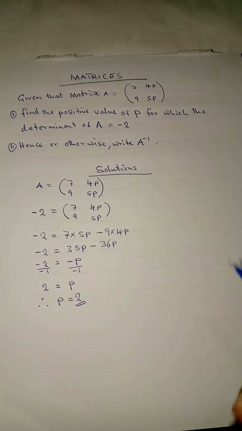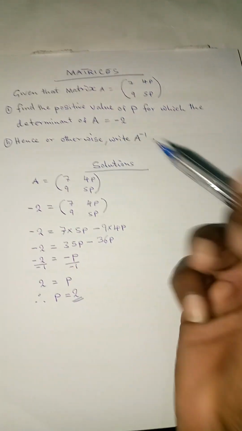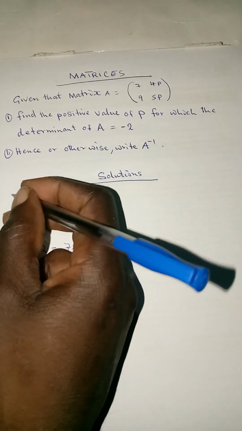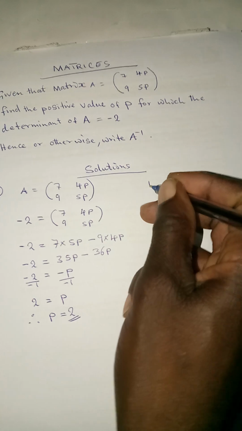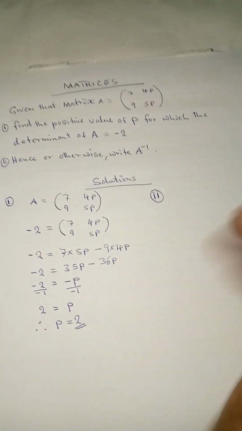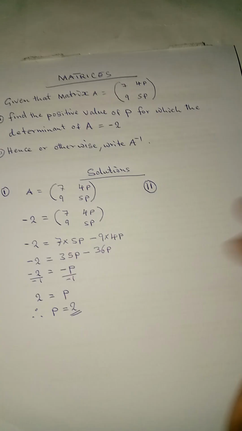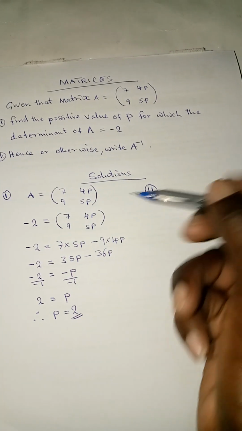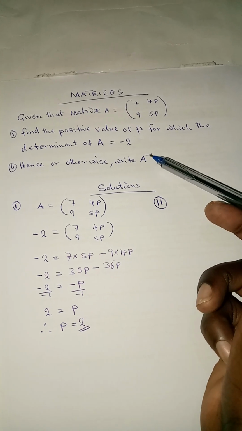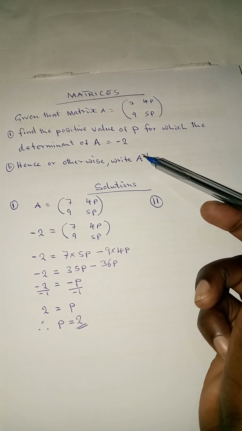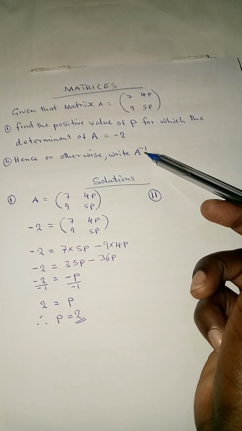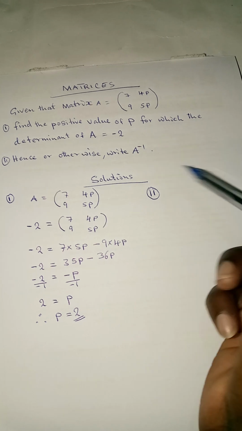Then for the second, they have told us to find the inverse. This was for number 1. Then for number 2, Roman numeral 2, I'll solve it from here. We are told to find the inverse of A, meaning it is 1 over the determinant multiplied by the adjoint.